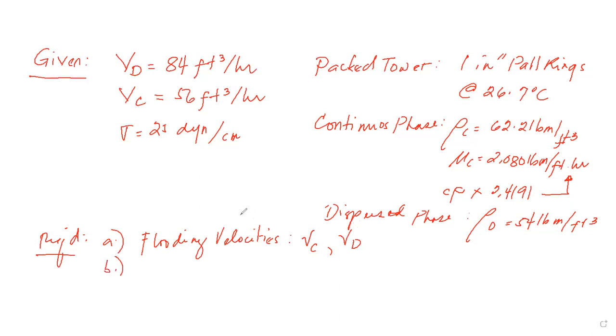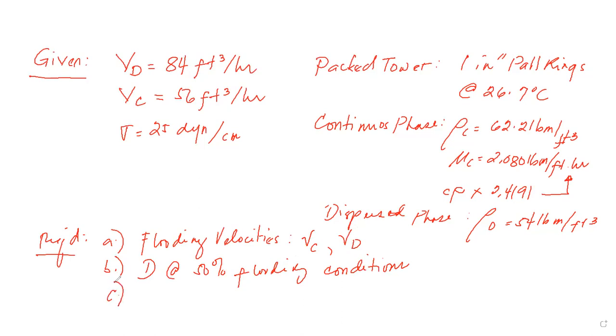So what would be the flooding velocity for the continuous phase and what would be the flooding velocity for the dispersed phase? We are to determine the diameter of the tower at 50% flooding conditions.